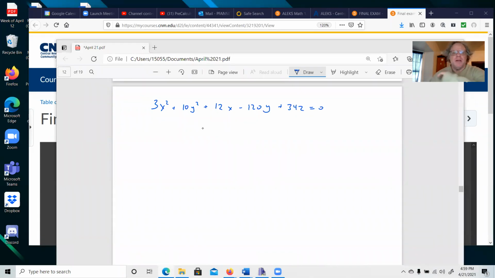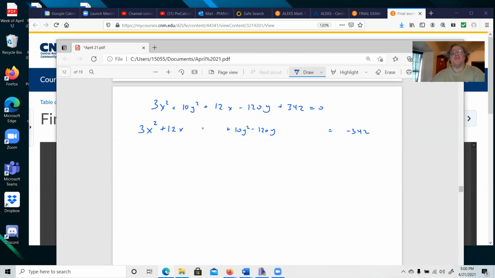We're going to group all the pieces together. So this was plus 12x, leave some room, 10y squared minus 120y, and we're going to say equals negative 342.